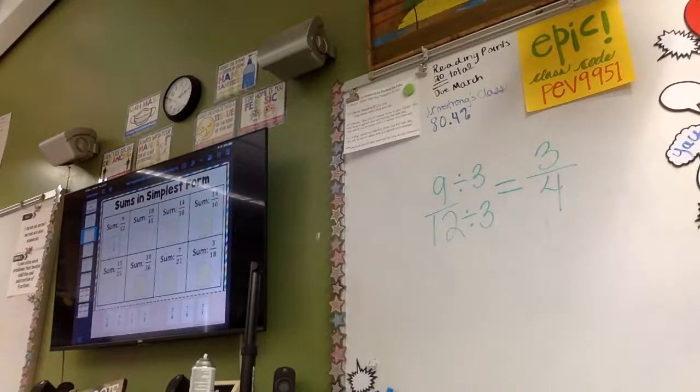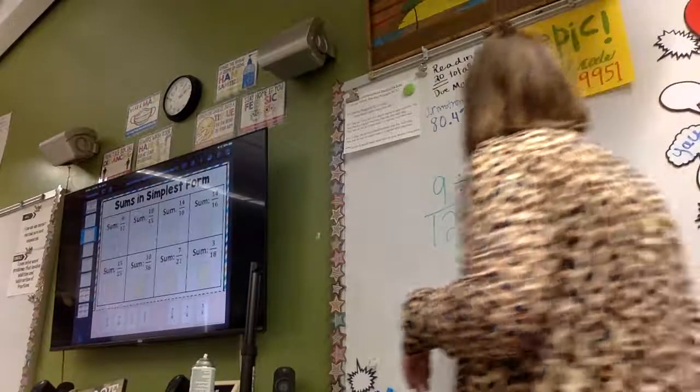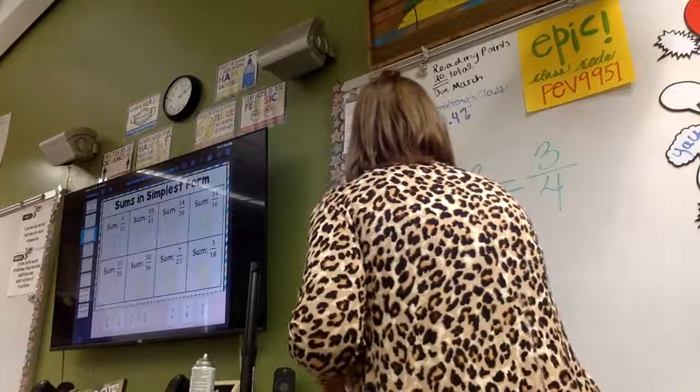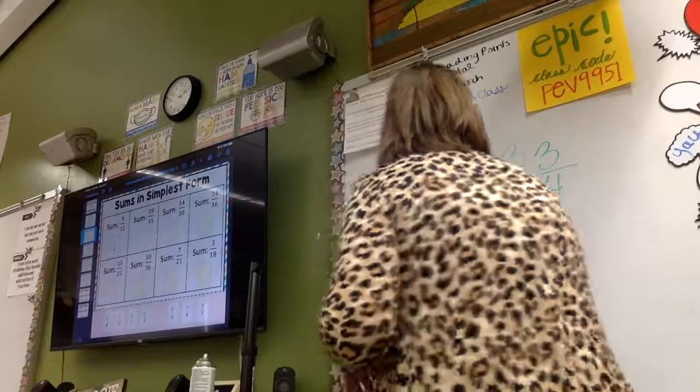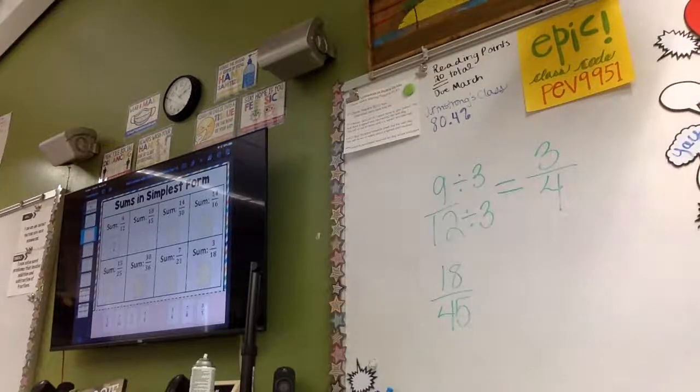All right, let's look at 18/45. This one might be a little bit harder. Okay, let's think about it. Jackson? Is it 3? We'll write 3 over here.